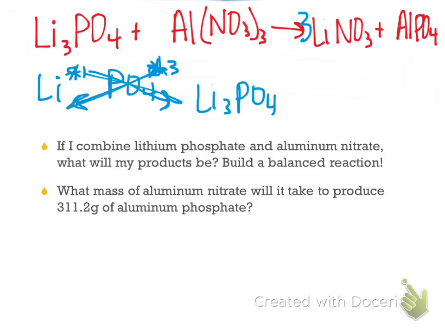Is that what you're talking about, or the compound? Okay. That's right. When it asks for the mass, what should we be taking that all the way to? Grams. Good.